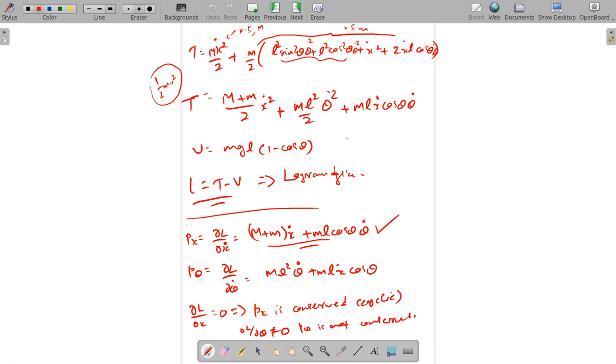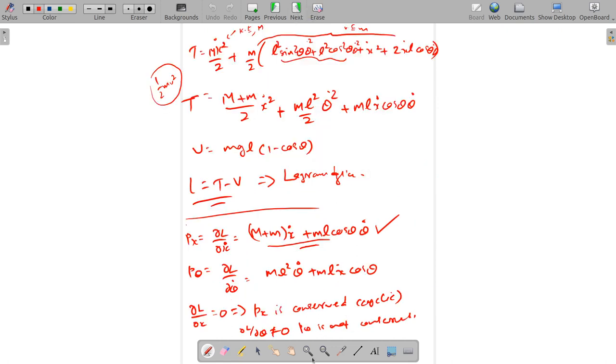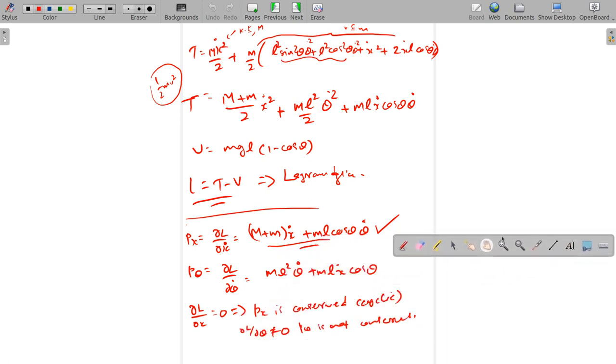Now, what about the conservation, like whether Px is conserved or P theta is conserved? Okay, so for this actually, if you remember, there is something called a cyclic coordinate.